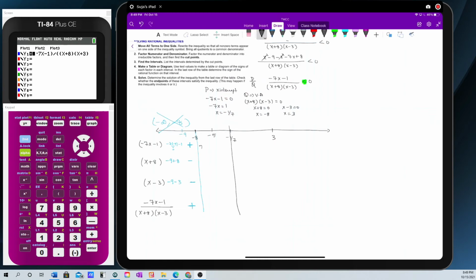So negative 7 times negative 5 minus 1, a big positive number minus 1, so this is going to be positive. Negative 5 plus 8 is positive. Negative 5 minus 3 is going to be negative. So these three, when multiplied, give me a negative number. So this interval from negative 8 to negative 1/7 is part of the answer.